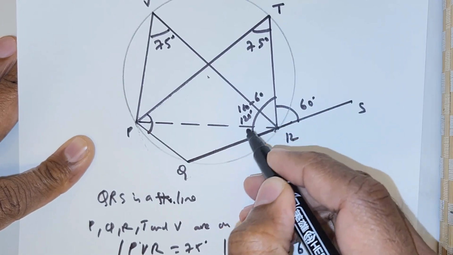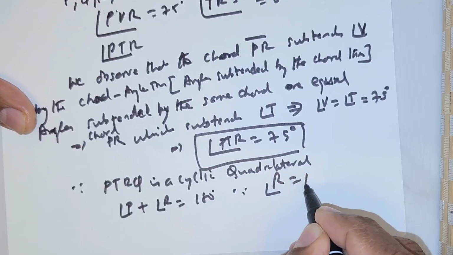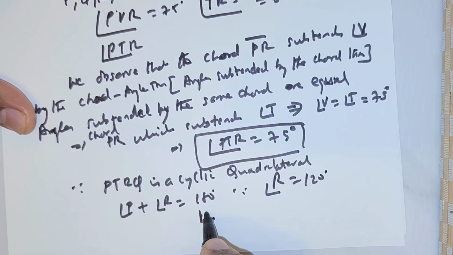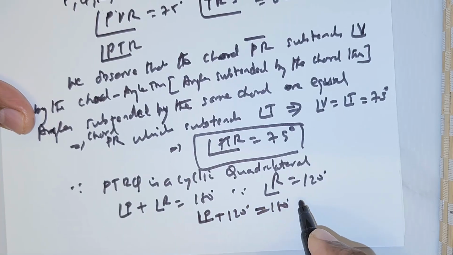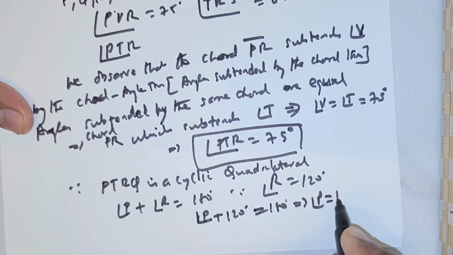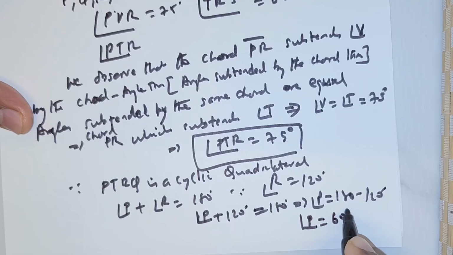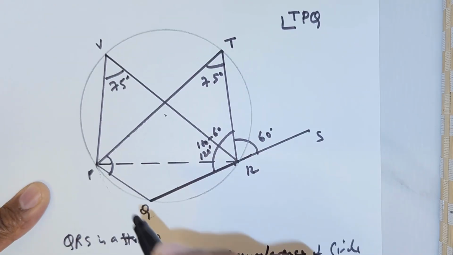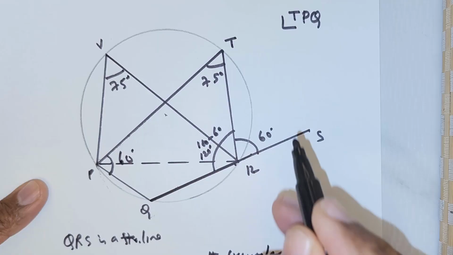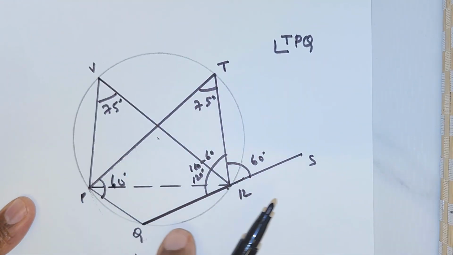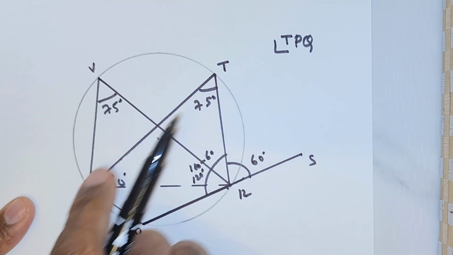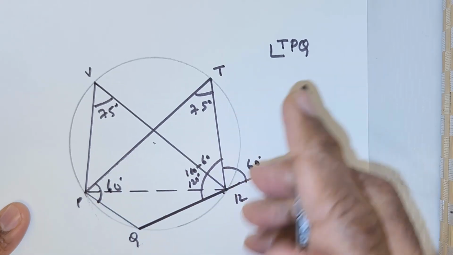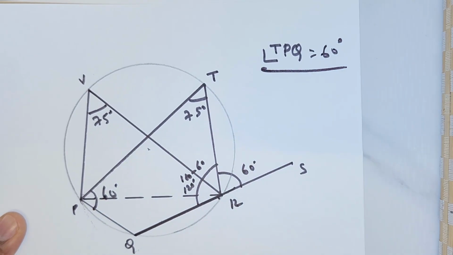Since angle at R is 120, angle at P plus 120 is equal to 180, which means P is equal to 180 minus 120. So P is equal to 60 degrees. Okay. So this is 60 degrees, which means TPQ, this angle is 60 degrees.